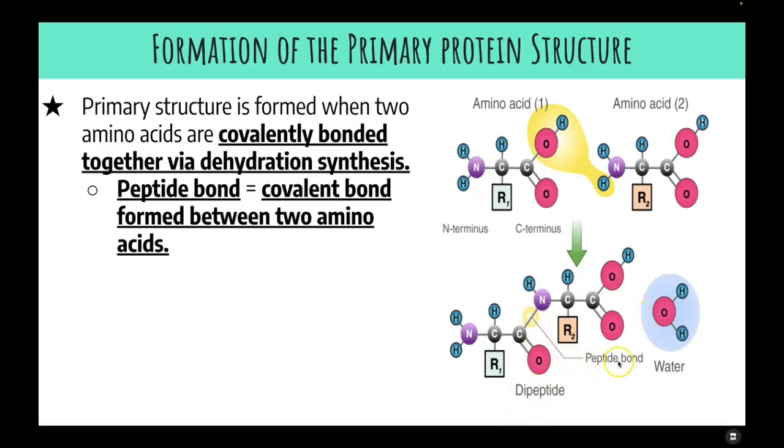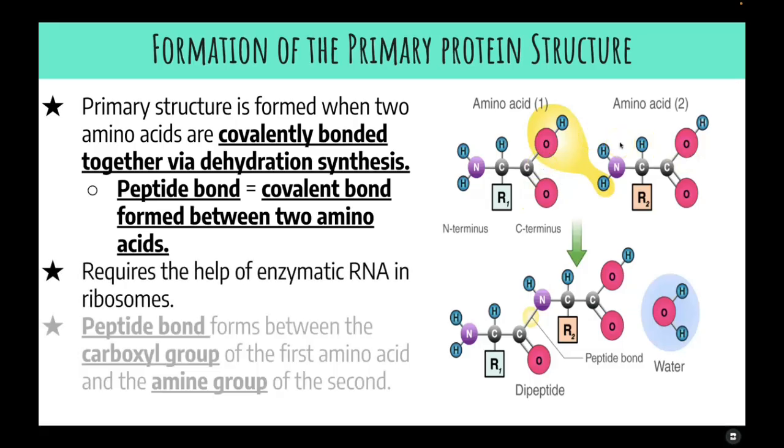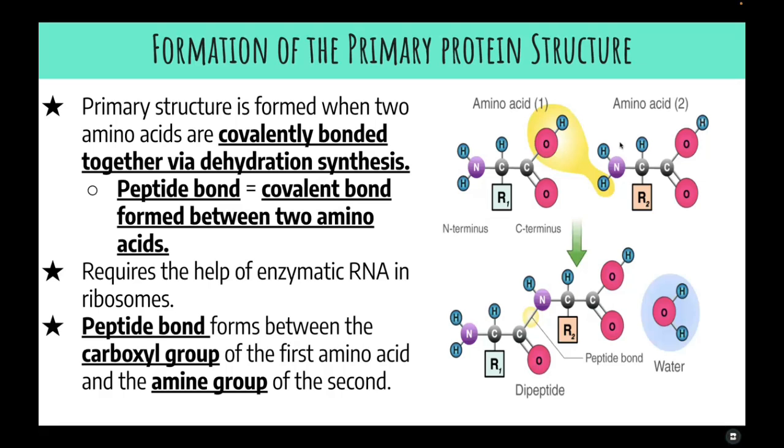Here you can see the peptide bond joining these two together in dehydration synthesis. And we said that you need an enzyme. So the peptide bond forms between the carboxyl group of the first amino acid and the amine group of the second. So this is the amine group, and this is the carboxyl group of the first amino acid. It forms between this carboxyl of the first and this amine group of the second. So between here.